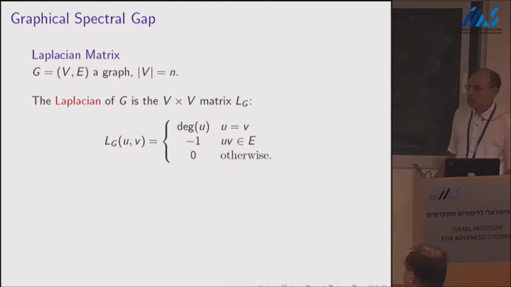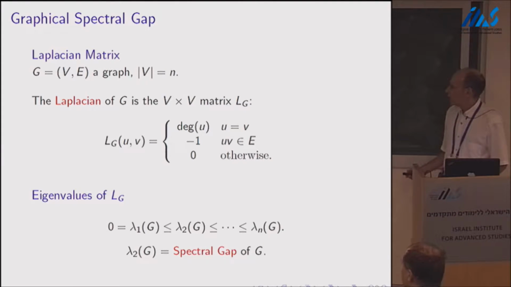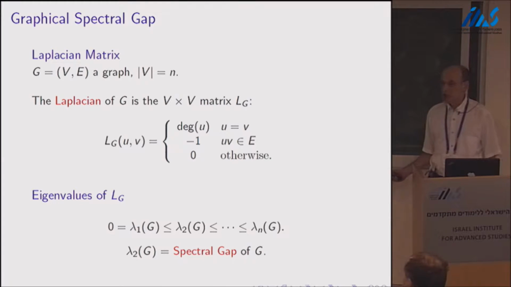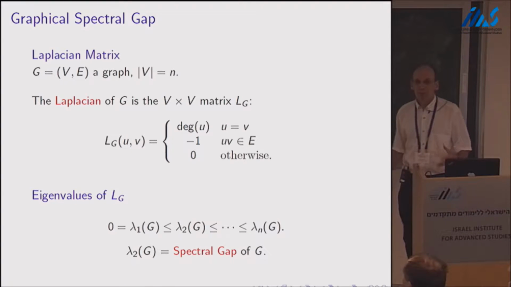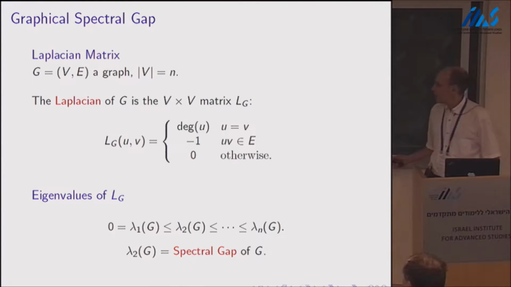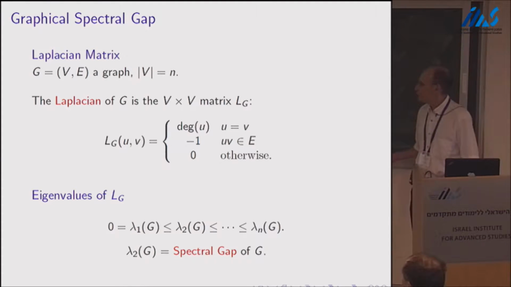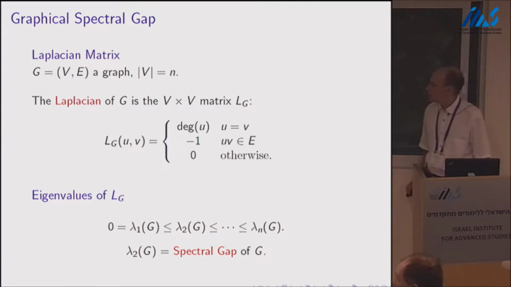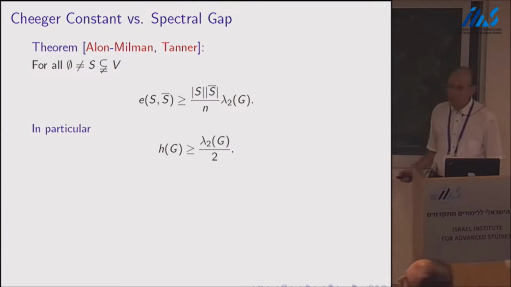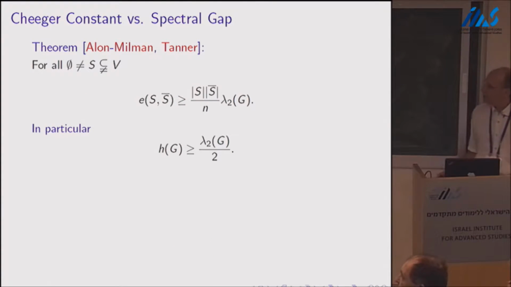This is a positive semi-definite matrix, and its first eigenvalue is 0, corresponding to the all-1 eigenvector. And the second eigenvalue is called the spectral gap, and really controls many dynamical properties of G, namely the rate of convergence of the random walk on G to a uniform distribution, and so on.